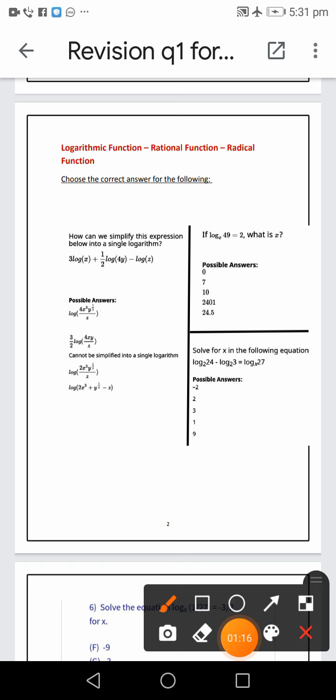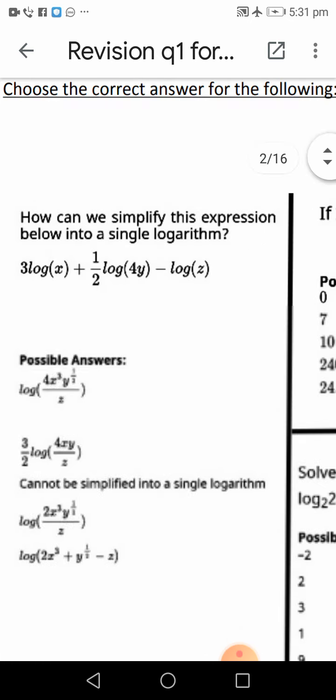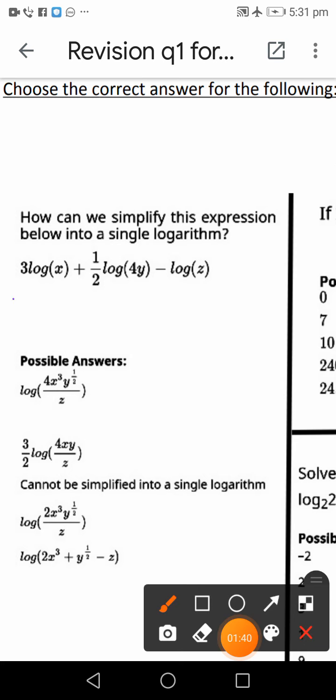So for a question like this, here I can return the power back to be log x power 3, right? And here the half can be what? 4 power half will be 2, if you return it back, and y power half will be y power half. And here we can collect this rule.